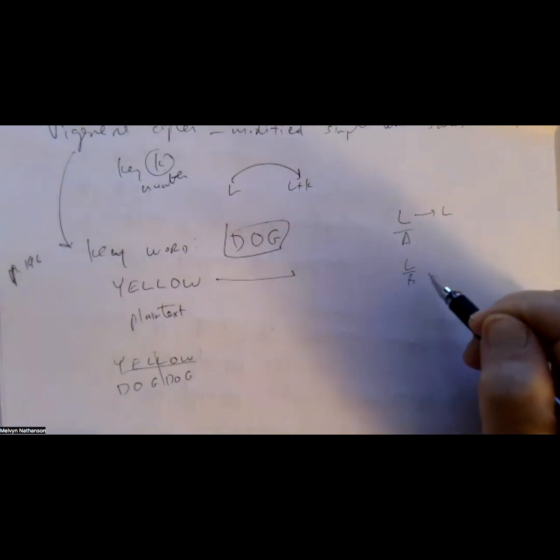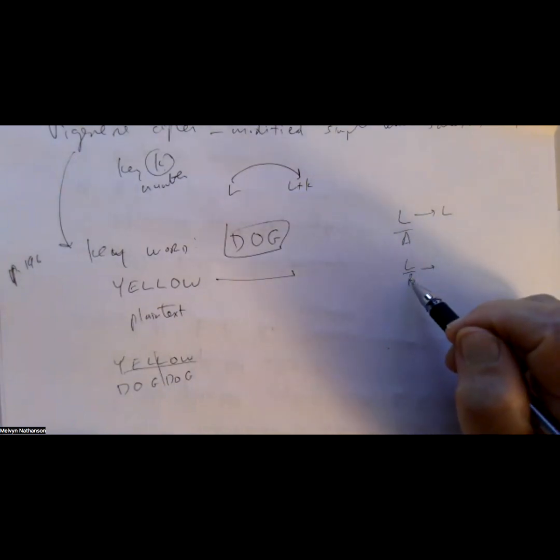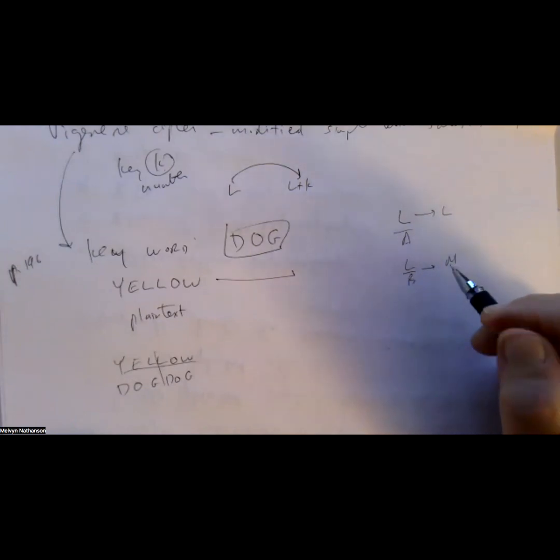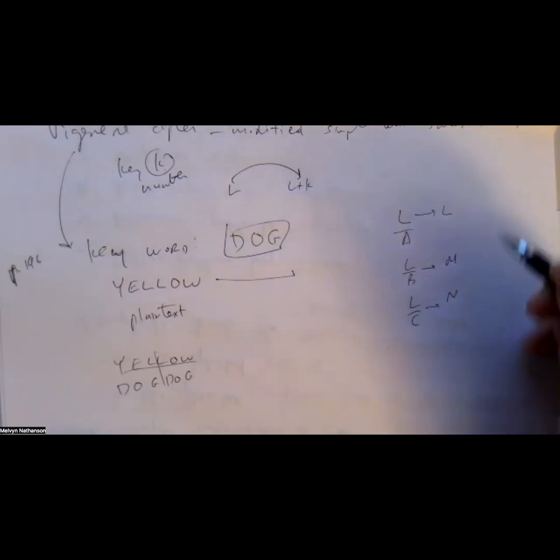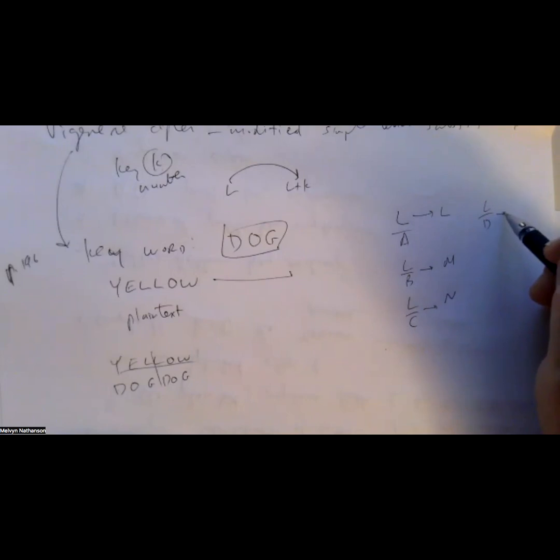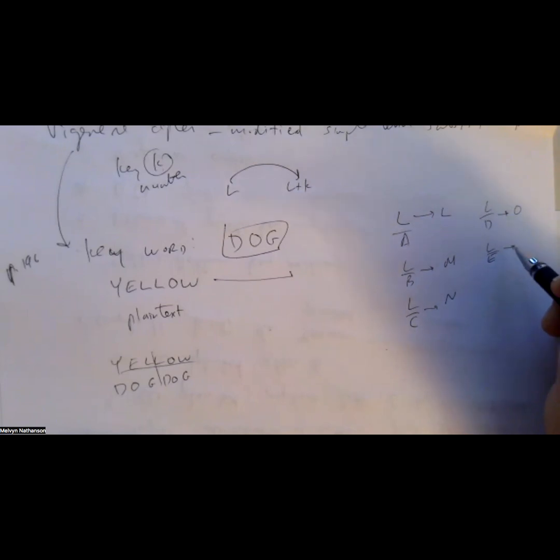If under the letter is a B, L goes to the letter just next after L, which is M. If under the L is a C, you move 2 steps around the alphabet, so L goes to N. If it is D, you go 3 steps around the alphabet, M, N, O. If it were E, you would go 4 steps around the alphabet, M, N, O, P, and so forth.